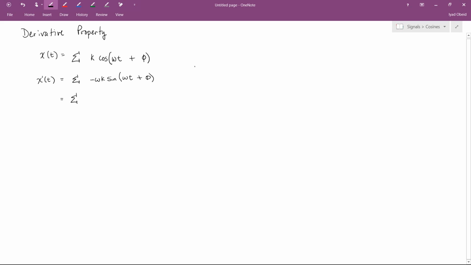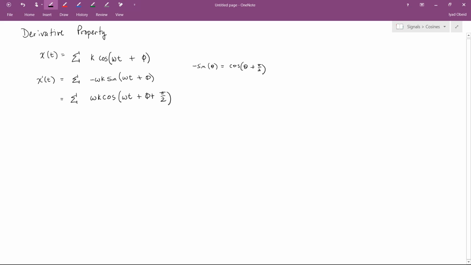There's a trig identity that says minus sine of theta equals cosine of theta plus 90 degrees, or pi over 2. Okay, so we can use that trig identity and rewrite this as omega k cosine of omega t plus phase plus pi over 2.